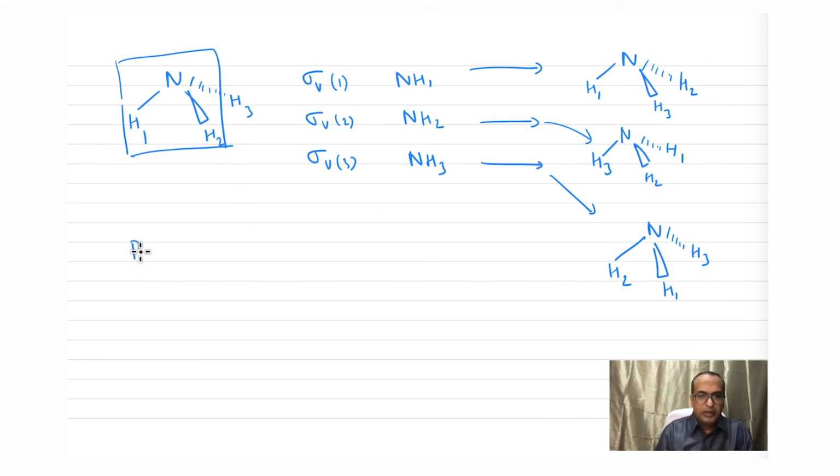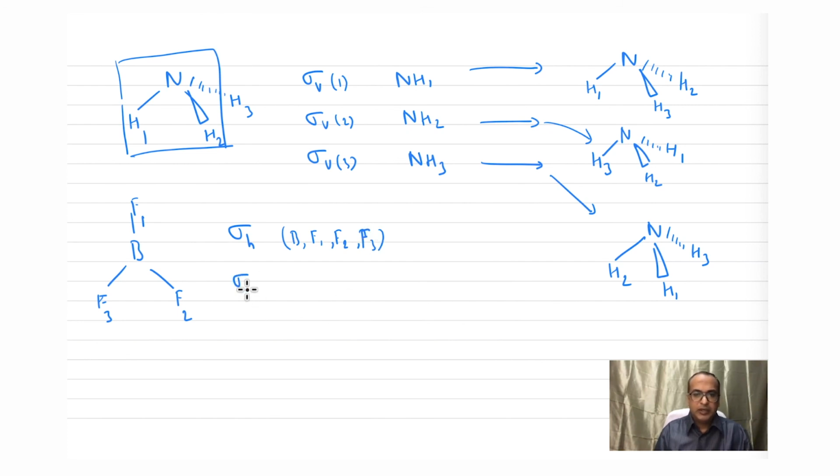Now similarly, look at BF3. We have discussed this molecule earlier, when we were discussing proper axis of rotation. Here we have one sigma h, which contains B, F1, F2, F3, all four atoms.